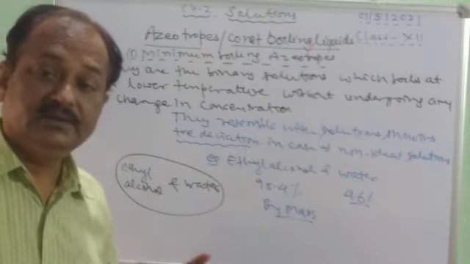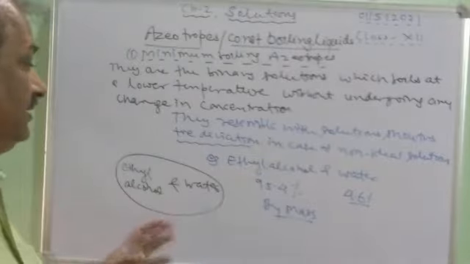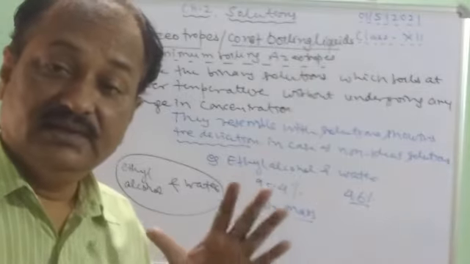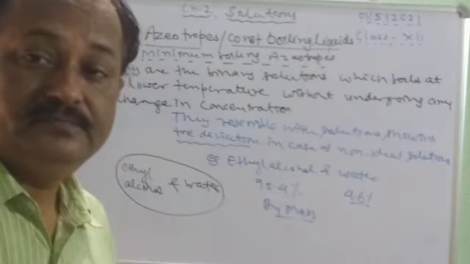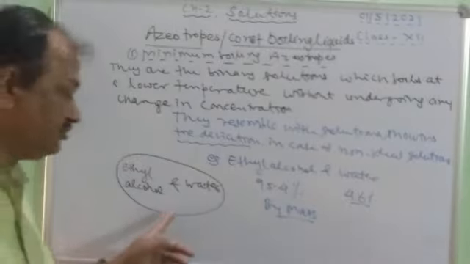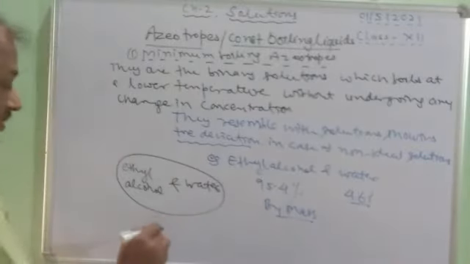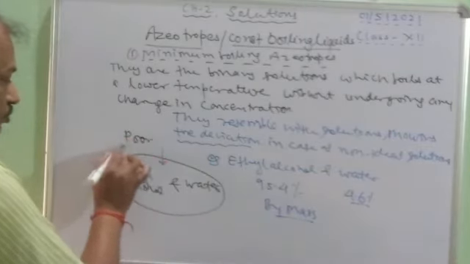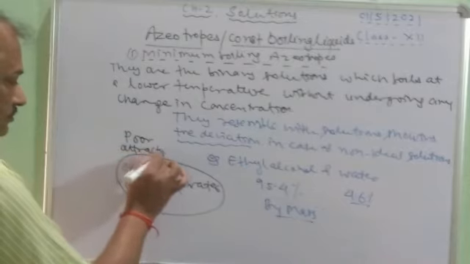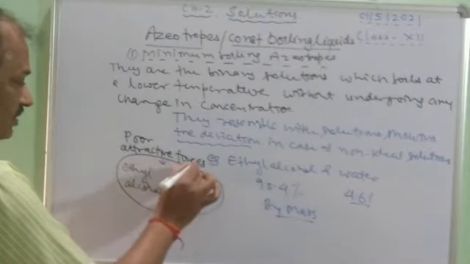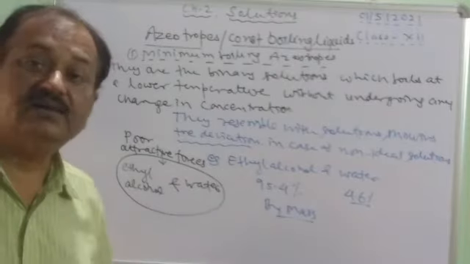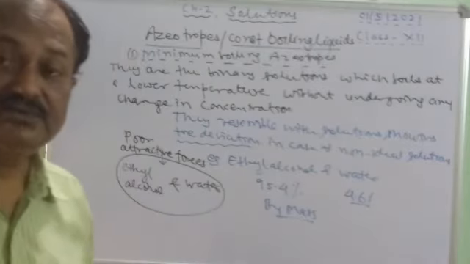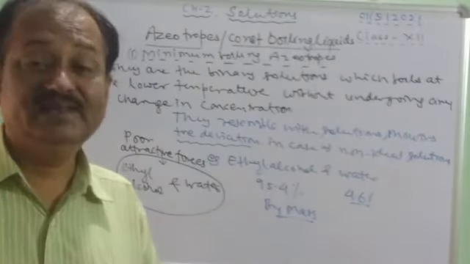It means the force of attraction is something different from the ideal solution. Here the force of attraction between the ethyl alcohol and water molecules is poor. As the attractive forces are weaker between the solute and solvent molecules, they are vaporized easily.